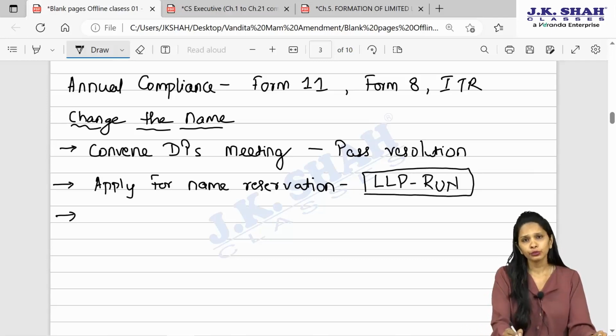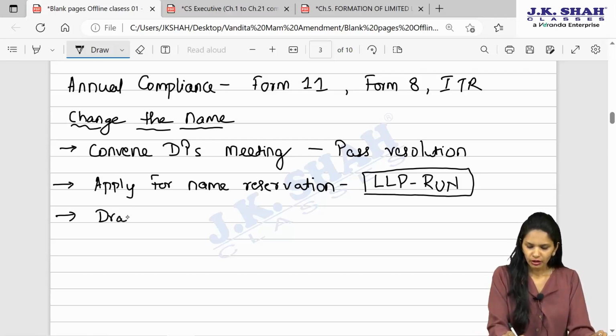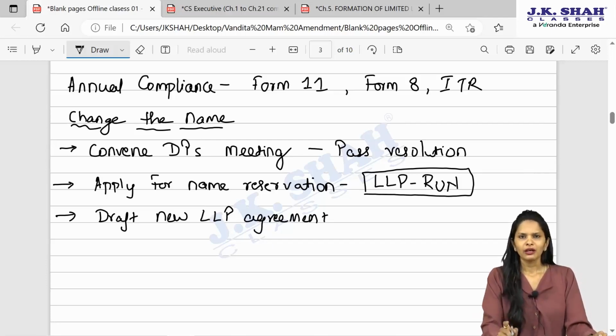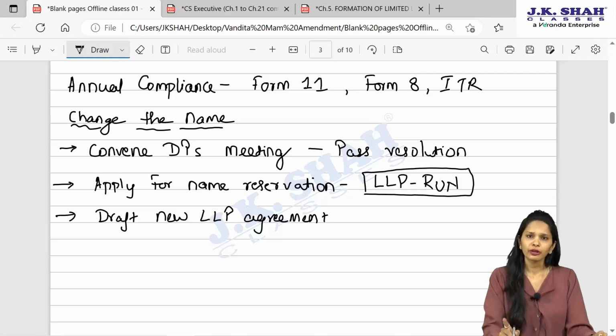After you receive approval from ROC, after that you have to draft a new LLP agreement, because every time you are changing anything, right from designated partners or registered office or name of the LLP or object of LLP, you are always altering the agreement, because all these points are written in your agreement.